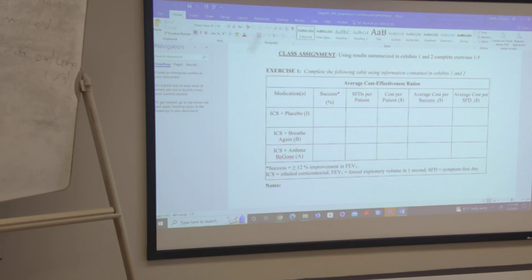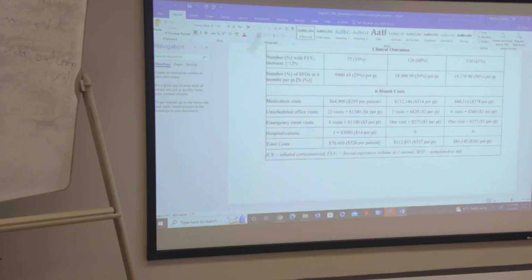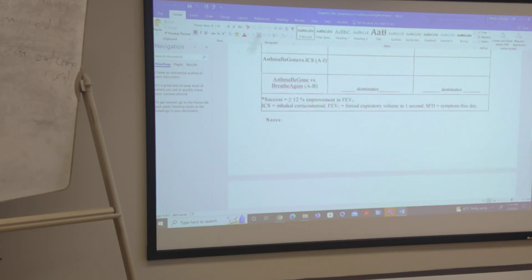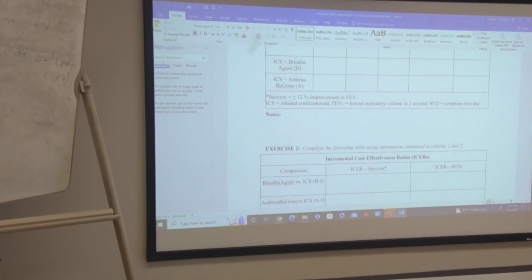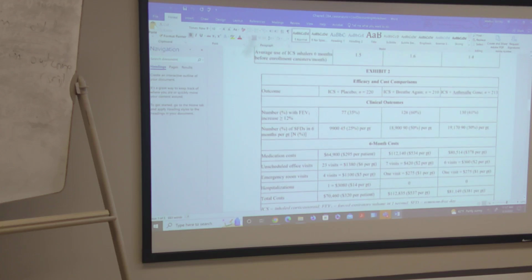Dr. Mathur, for the success, are we looking at the percentage? For the success, we put the percentage, right? For ICS and placebo, what's the success rate? 25%. Symptom free days, 45. Cost per patient is 320. It's given to you in dollars, right? $320 was given to you.